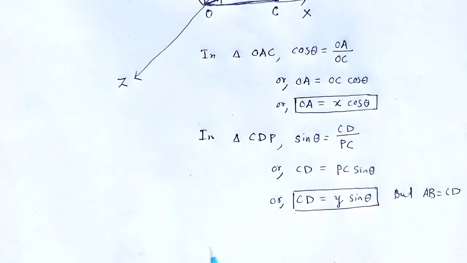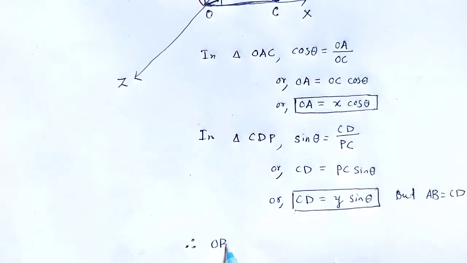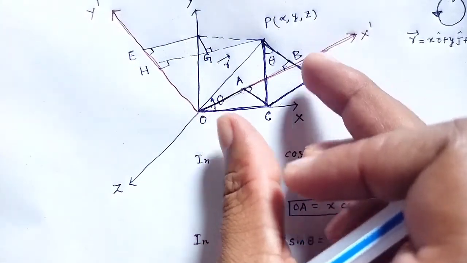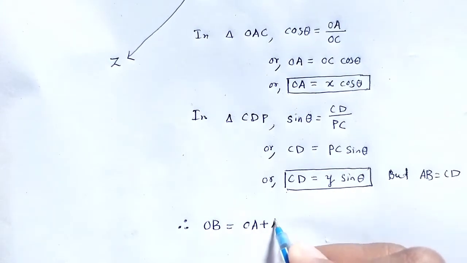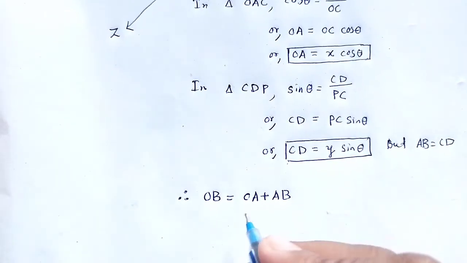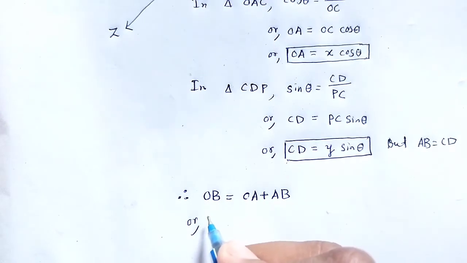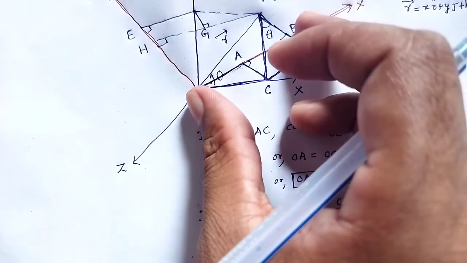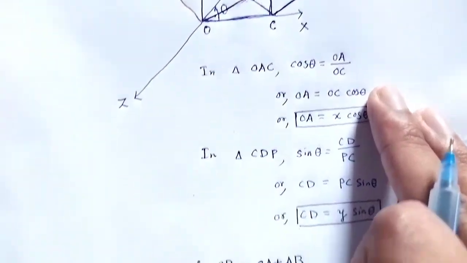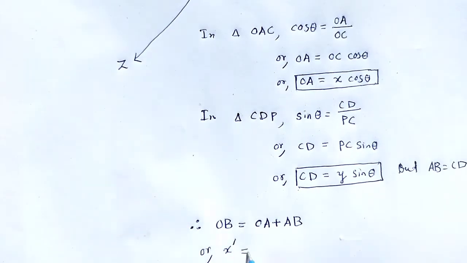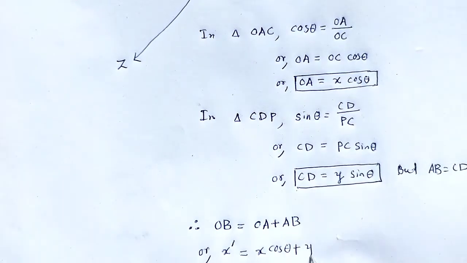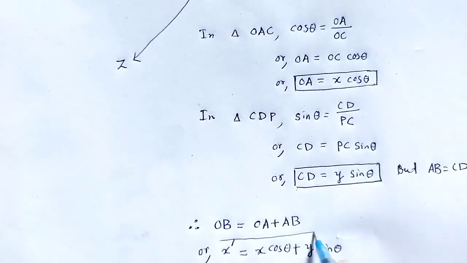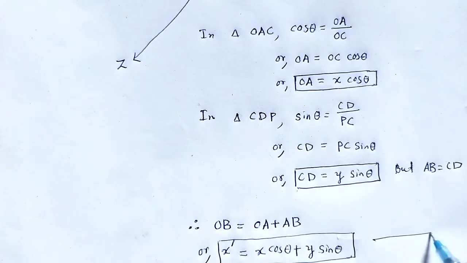So the result is OB is equal to OA plus AB, or OB, that is X dash, is equal to, in place of OA, X cos theta, plus, in place of AB, that is CD, Y sin theta. This is equation number 1.